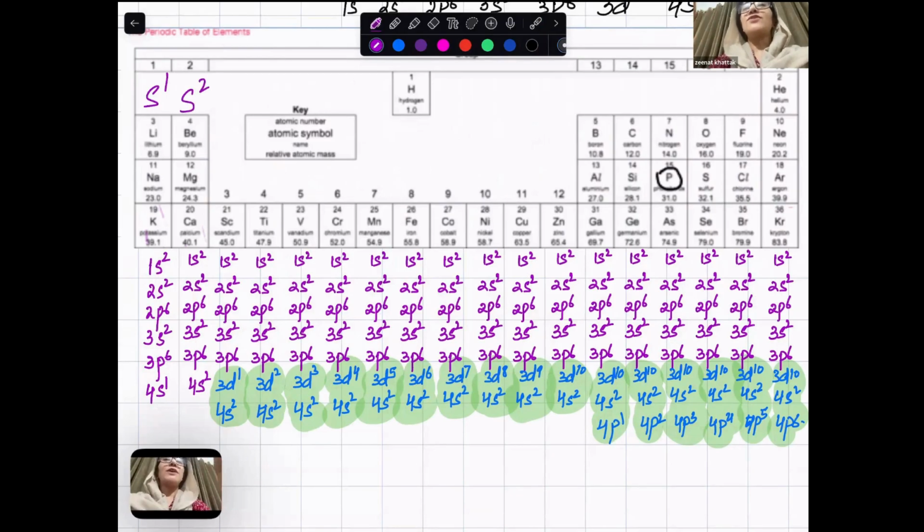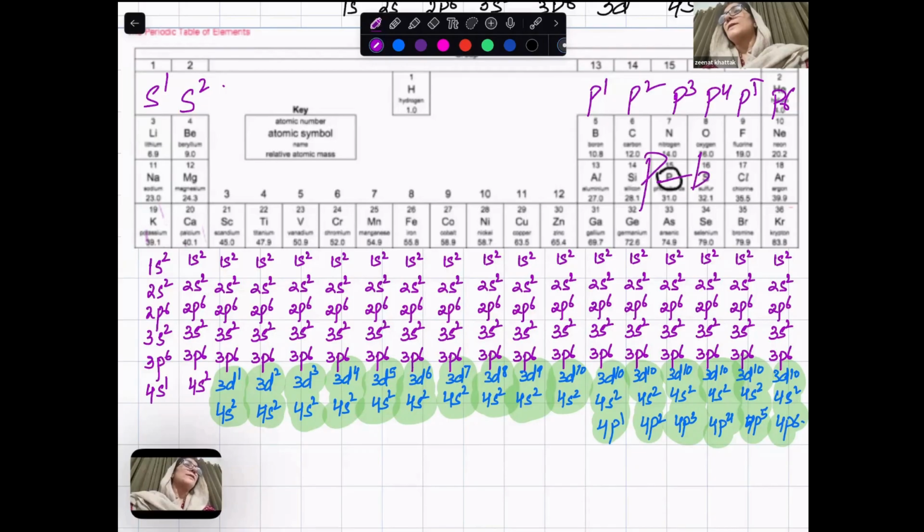These are called s2 elements. These are p1, p2, p3, p4, p5, p6, the p block. And these are the d block.